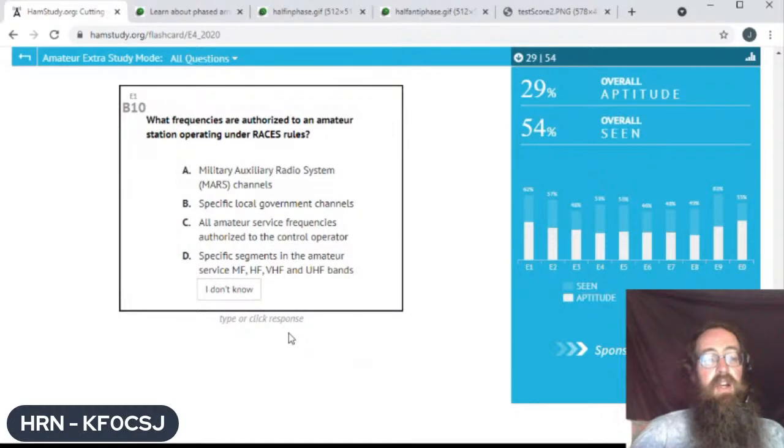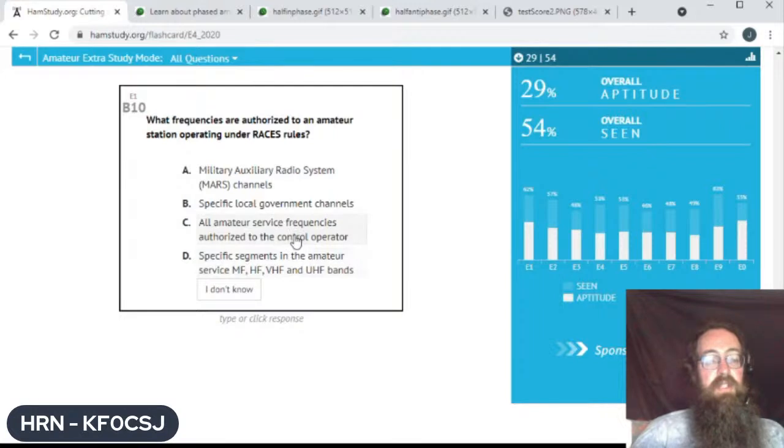What frequencies are authorized to an amateur station operating under RACES? A. MARS. B. Specific local government channels. C. All amateur service frequencies authorized to the control operator.